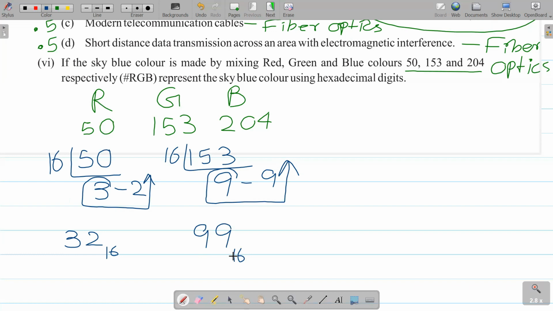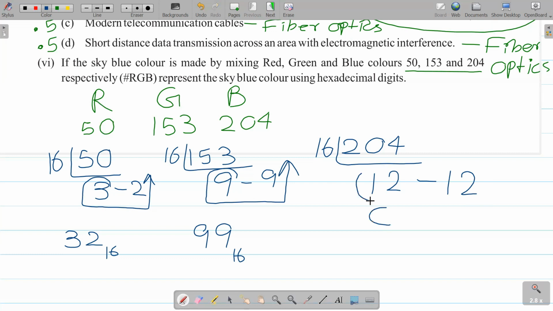So 204 can be divided by 16. 16 into 2 is 32, and so on: 12 is remaining, and 32 plus 12 gives 44. Again, you receive something less than 16, but you can't write it as 12. 12 represents C, and this 12 represents C as well.